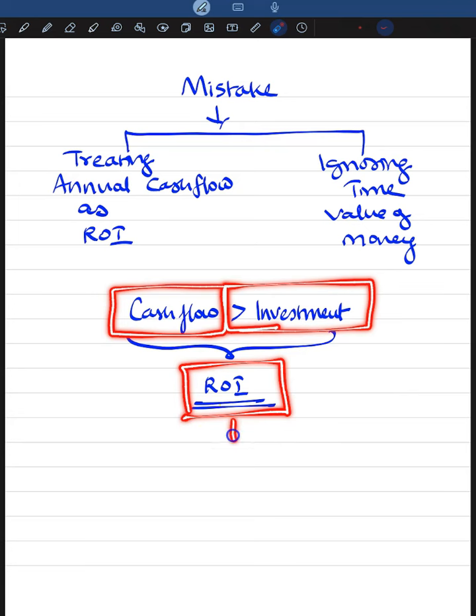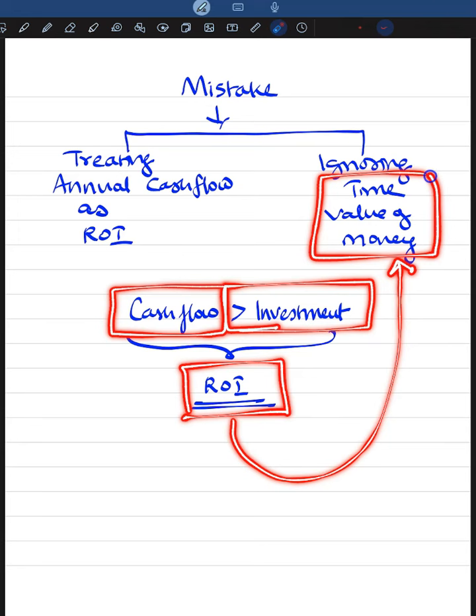That too, it should take care of time value of money. Sometimes even the cash flow will give us an illusion that it has exceeded the investment amount, but if we factor in time value of money, then we will realize that it has not exceeded the investment amount.